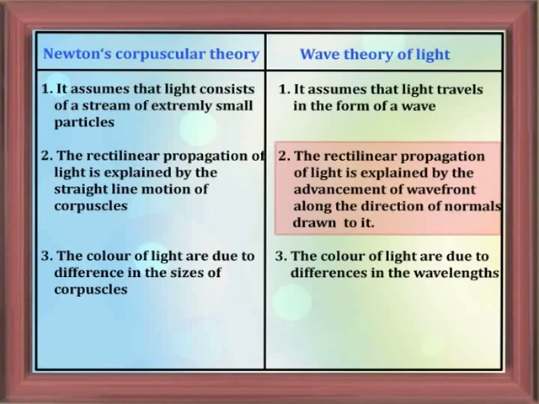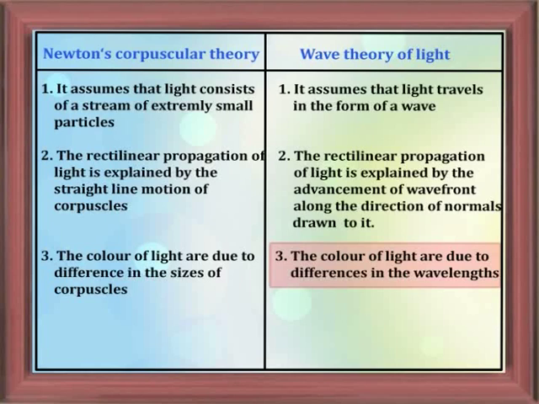In wave theory of light, the rectilinear propagation of light is explained by the advancement of the wavefront along the direction of normals drawn. Newton's corpuscular theory states that the colors of light are due to the differences in the sizes of corpuscles, whereas wave theory of light states that the colors of light are due to the differences in the wavelengths.